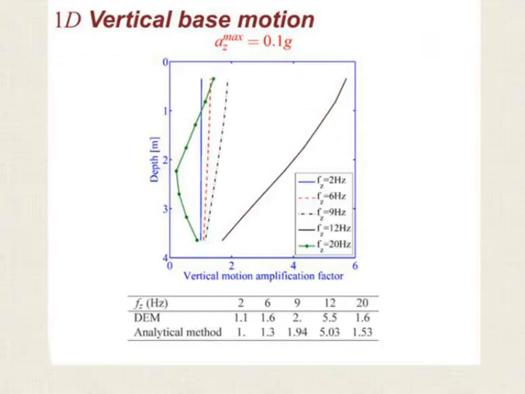And this is the amplification factor in this case. You will notice again that the largest amplification was at a frequency of 12 Hertz. It was close to the 13.75. Again, comparisons with the analytical method are fairly good.